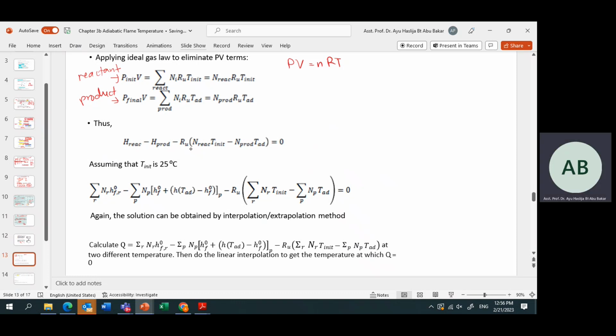Okay, rearrange from the previous equation. You will get this equation.